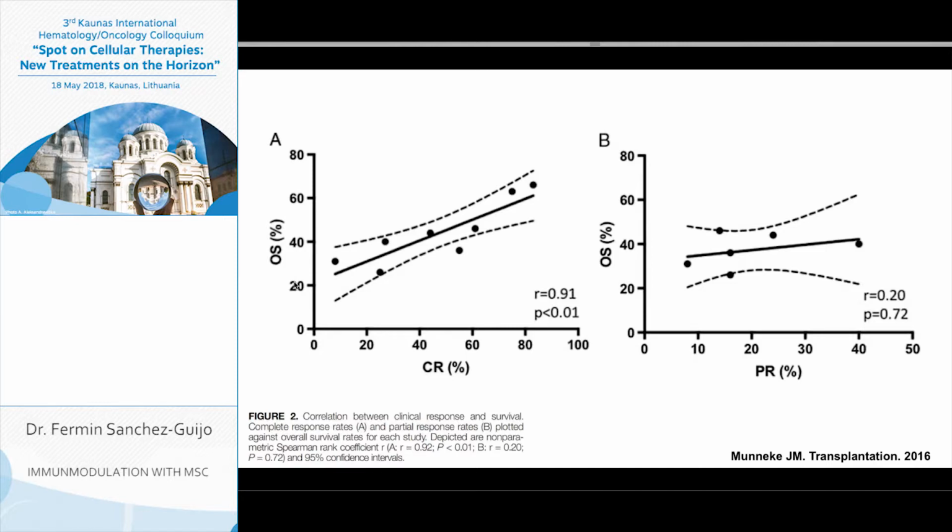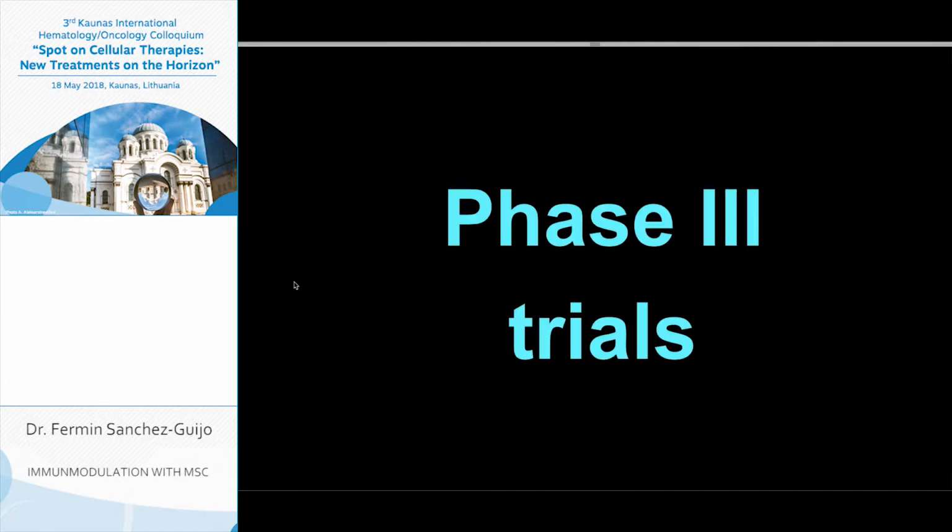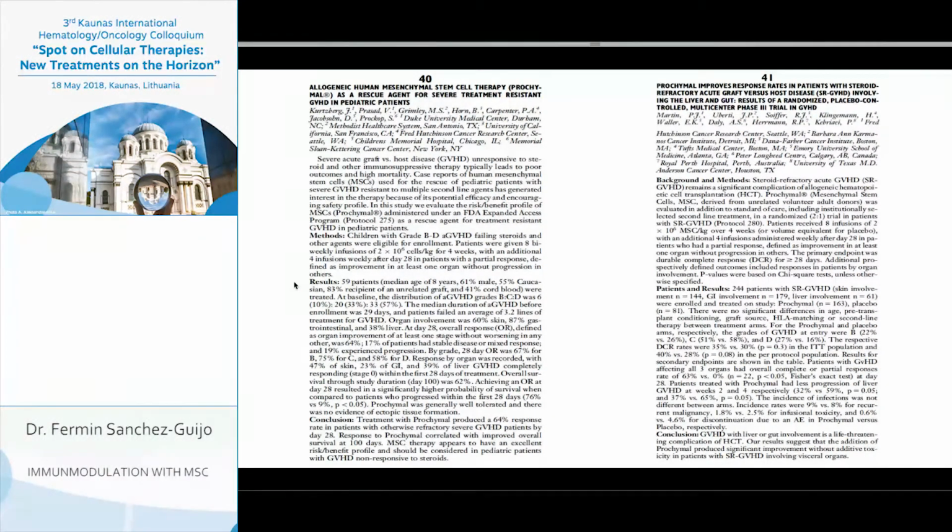So what's the situation with phase 3 trials? There were 2 big trials from Osiris with the product Prochymal that never got published because they didn't reach the primary endpoint of the trial. If you get into the details of these trials, they included many patients with skin GVHD.